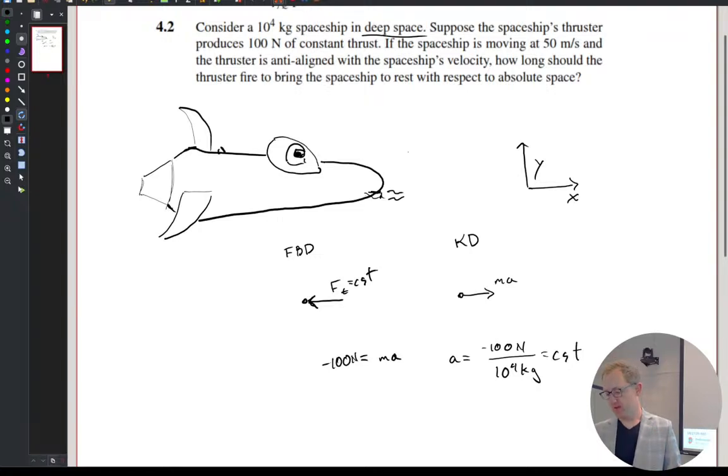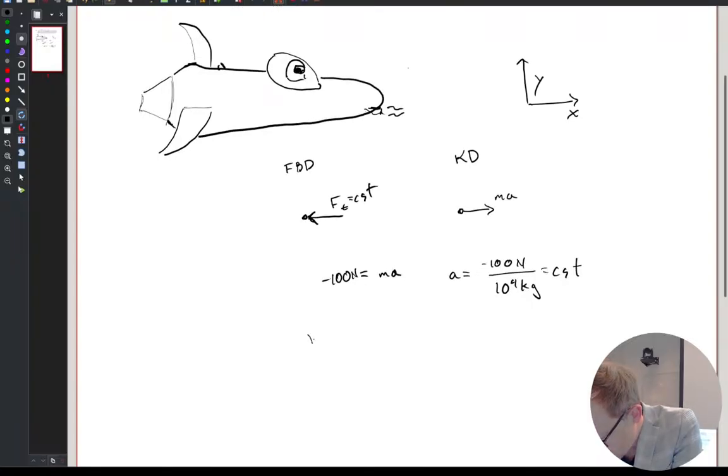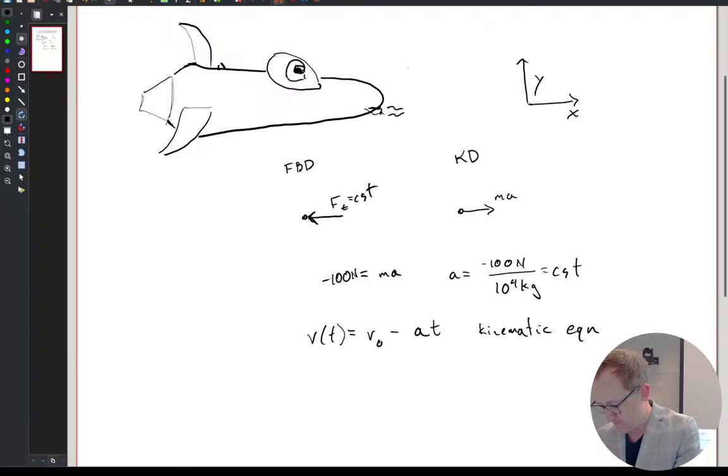All that kind of information. Something like this. I guess really this would be A delta T.